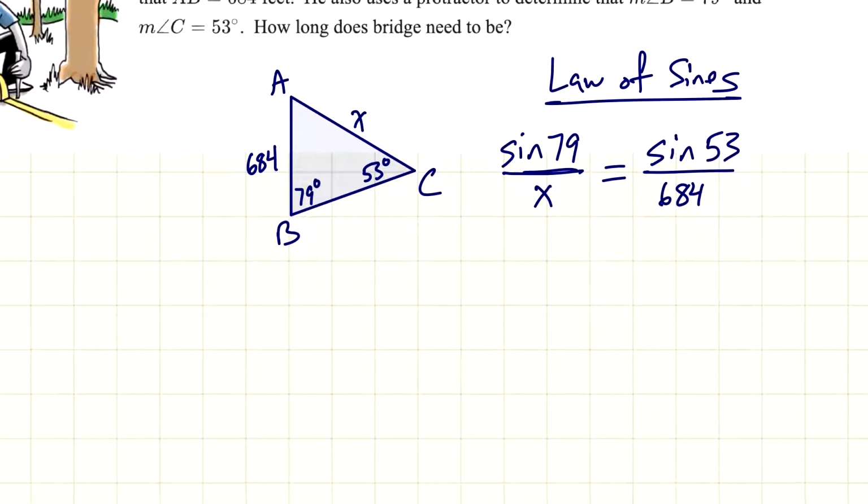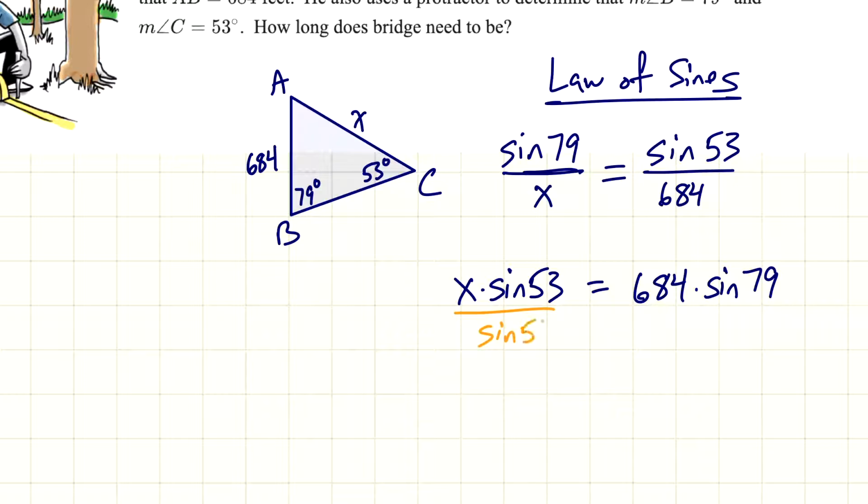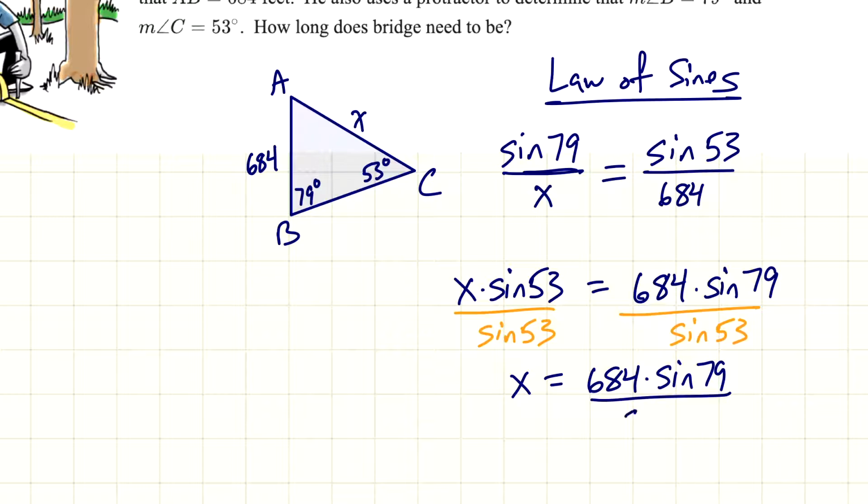So let's do that now. I'm going to be left with x times sine of 53 equals 684 times sine of 79. All right, then I'm going to divide both sides by sine of 53, which is going to leave us with x equals 684 times sine of 79 over sine of 53.